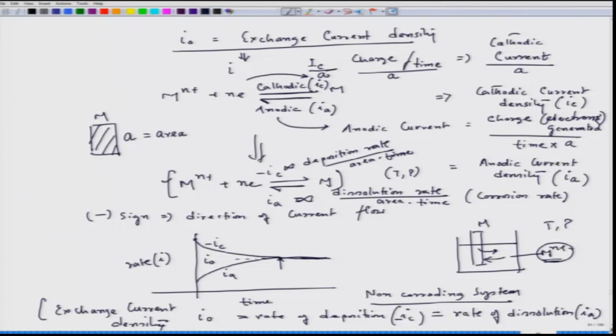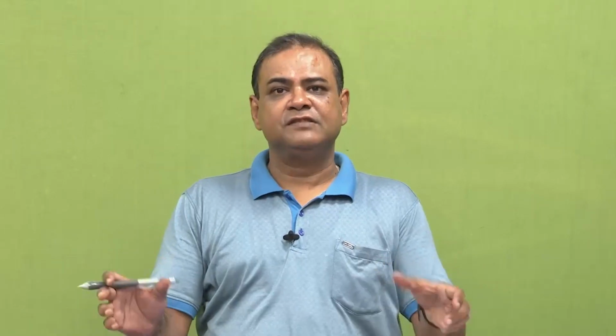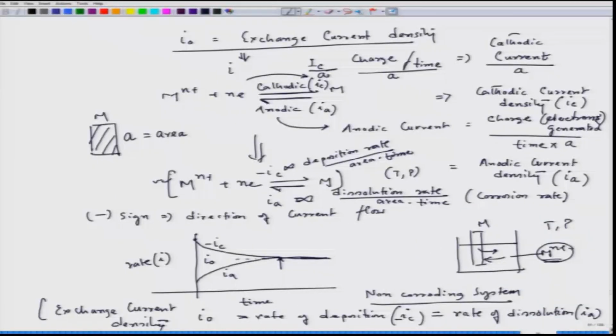This is with reference to the half-cell reaction. If in a particular cell one part is preferentially reduction and the other preferentially oxidation, then each part is a half-cell, because the full cell consists of two half-cells. So this is related to a single electrode system, or a single reduction or oxidation process.